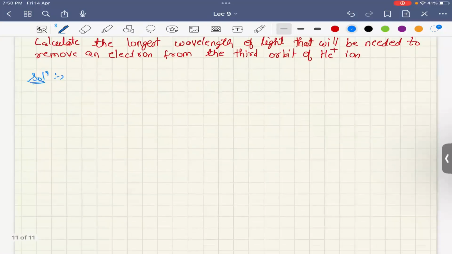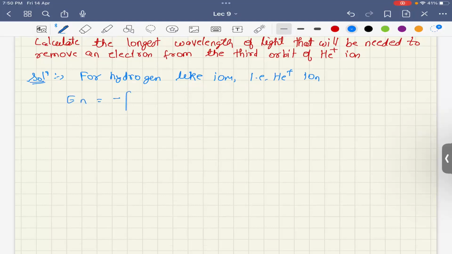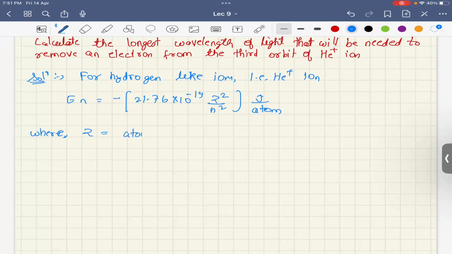Right. So here for hydrogen-like ions, that is He plus ion, we know En is given by minus 21.76 × 10^-19 Z square by n square joule per atom, where Z is nothing but atomic number.